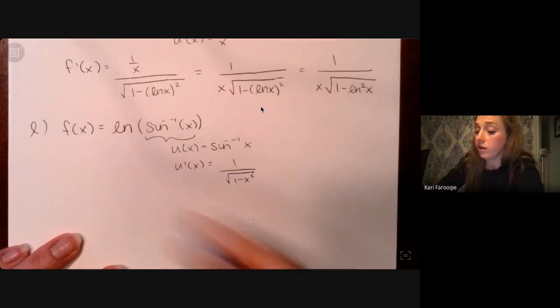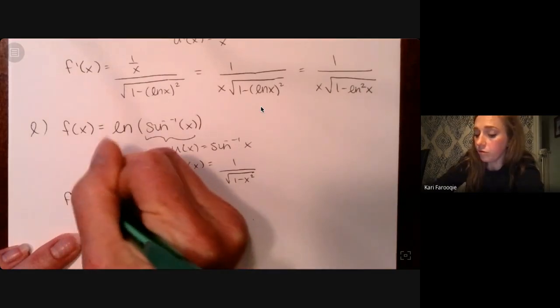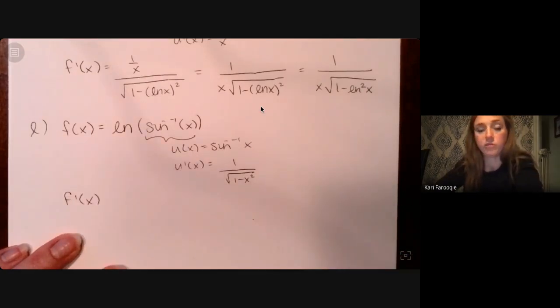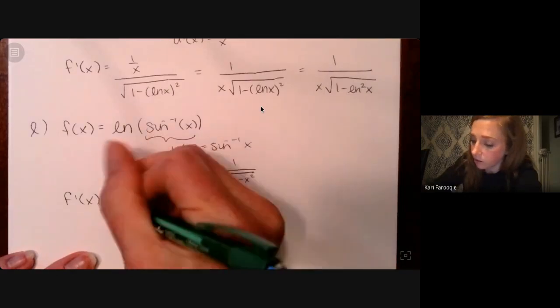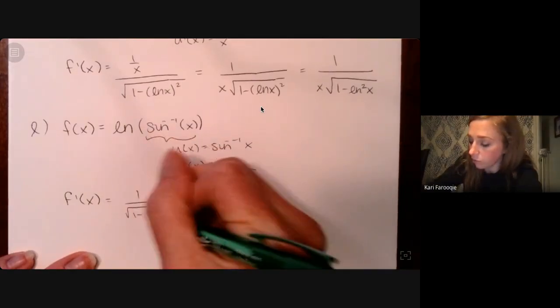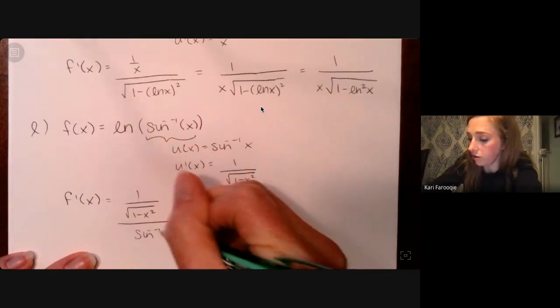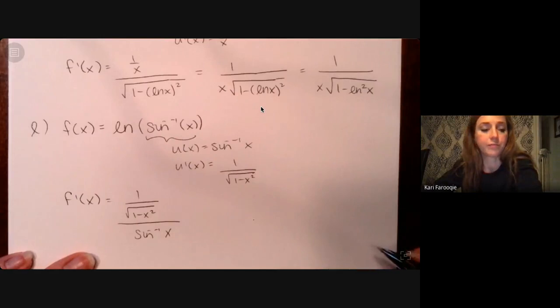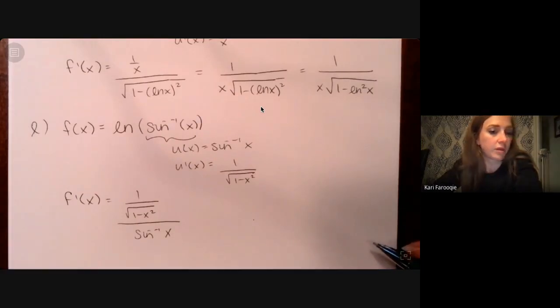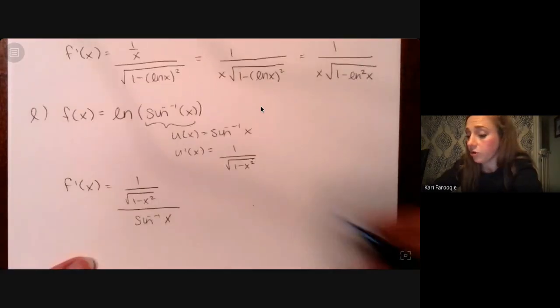And now when we take f prime, the derivative for the natural log of u of x is u prime over u. So we're going to take 1 over the square root of 1 minus x squared and divide it by the inverse sine of x. Now, of course, this is a complex fraction.